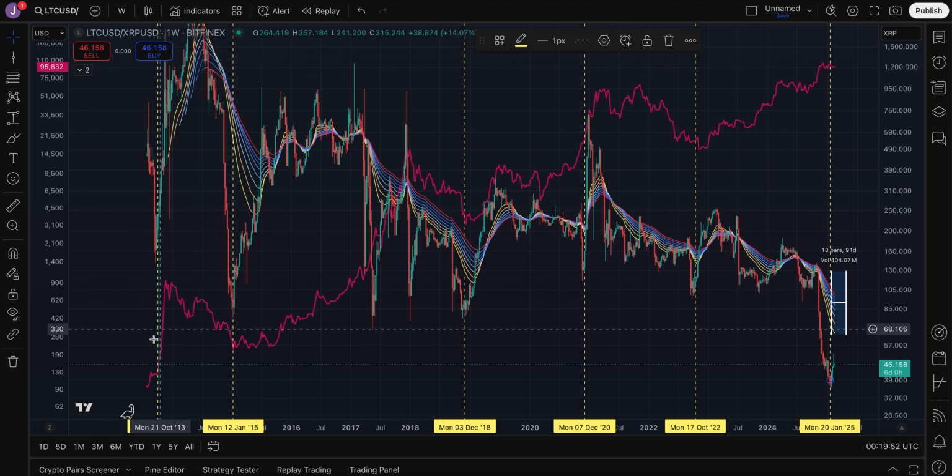You can see one here, then we continue, one here, then we trade sideways for a couple of weeks actually, maybe even a year. This was before the halving, so there's not a lot of action in there, but it's still a bottom. Then we go here to the bottom of the market.